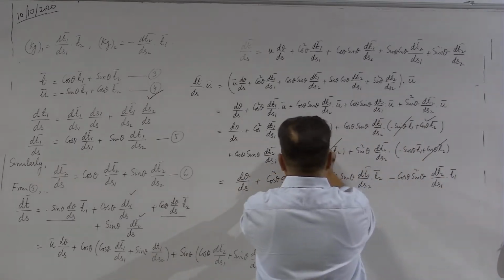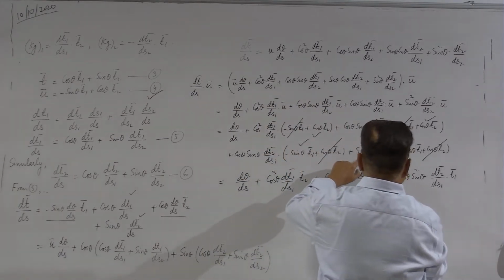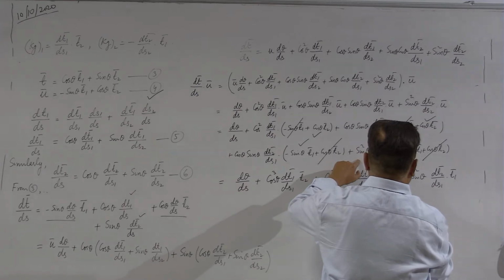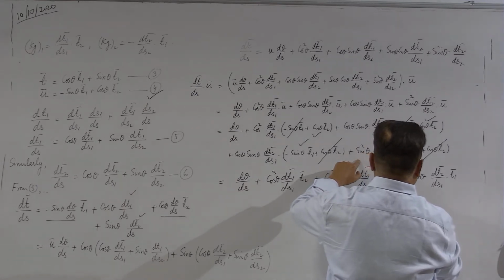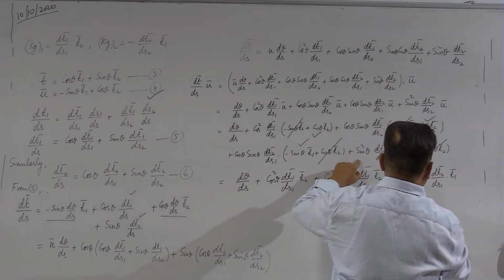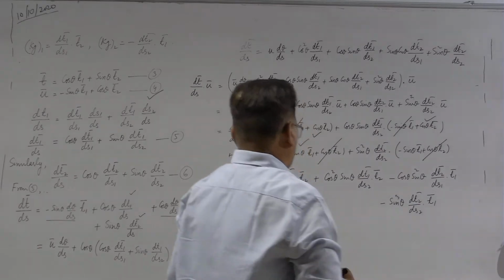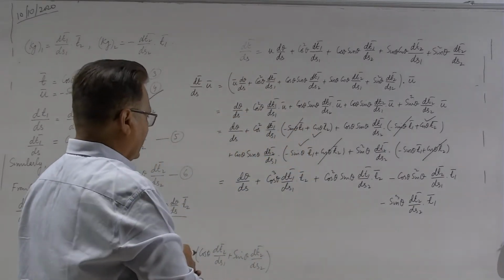So, this is done, and the last term is here: minus sin cube theta dt2 upon ds2 dot t1. I hope we have written all terms correctly.